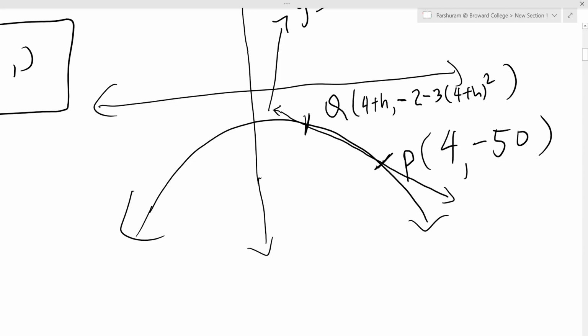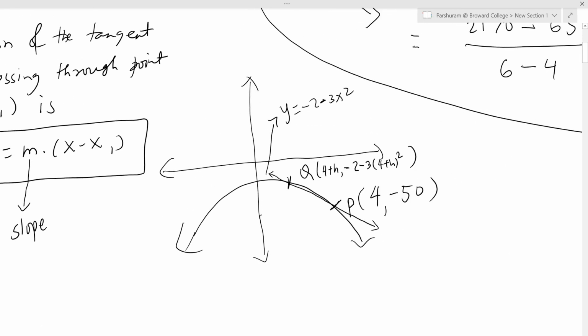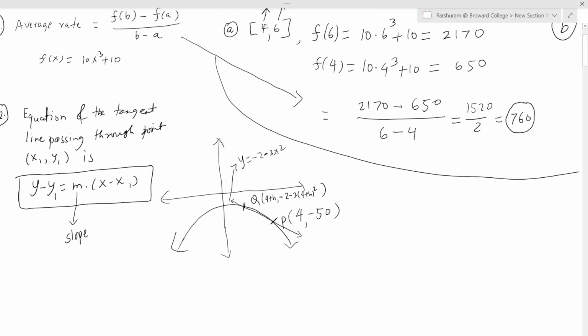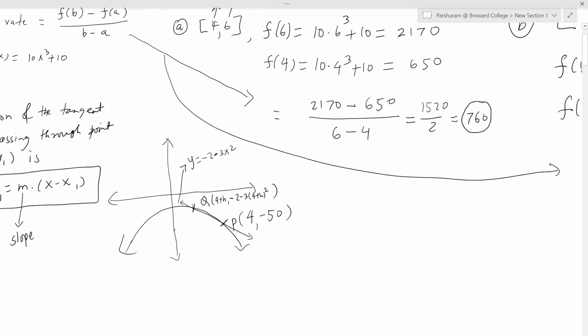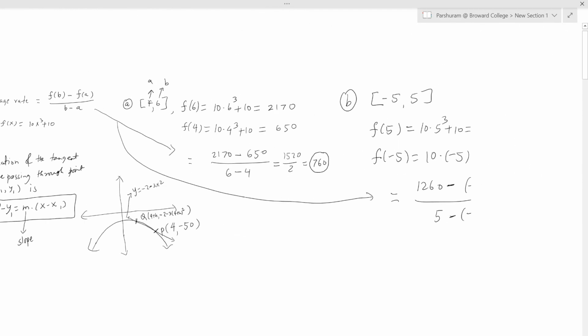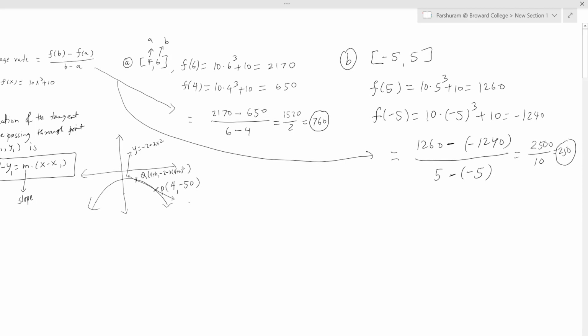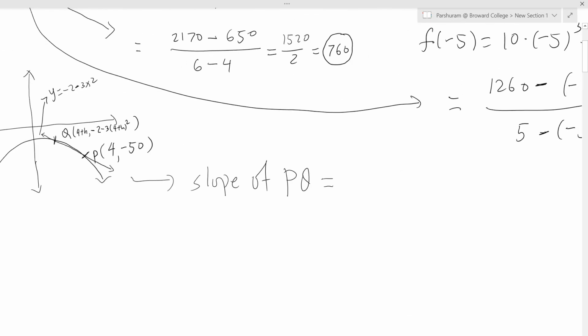Okay, so now because I have these 2 points, I can find out the slope of the line passing through these 2 points P and Q. So I'm going to do that here. Slope of PQ, because you know the 2 points, the slope is the difference between the y coordinate over the difference between the x coordinate.